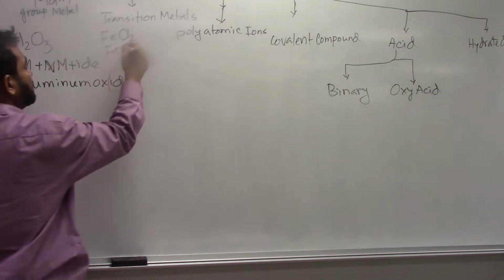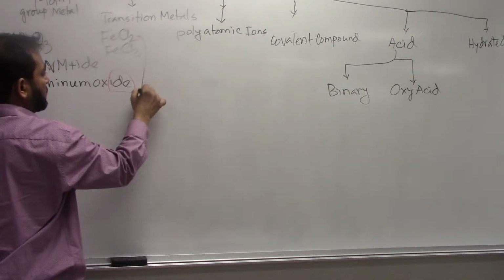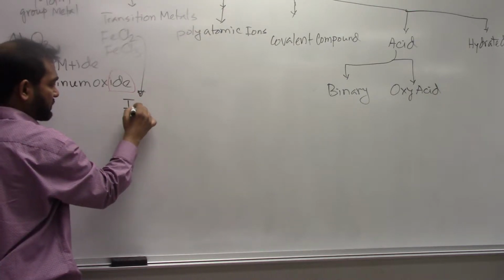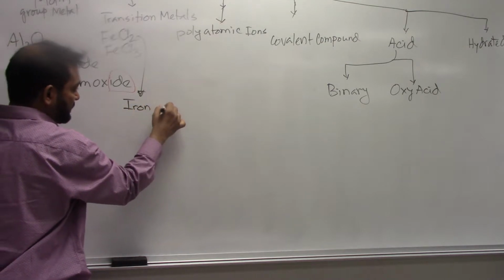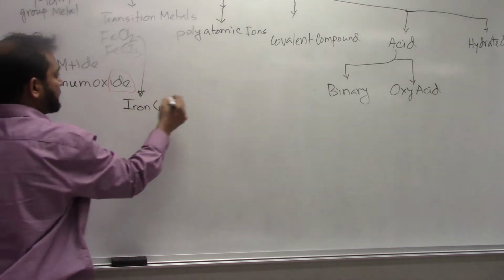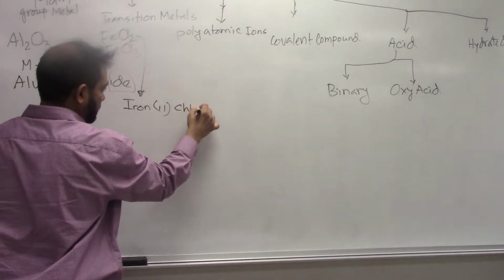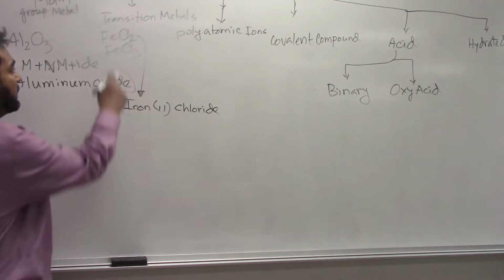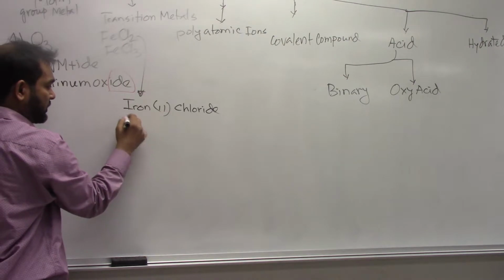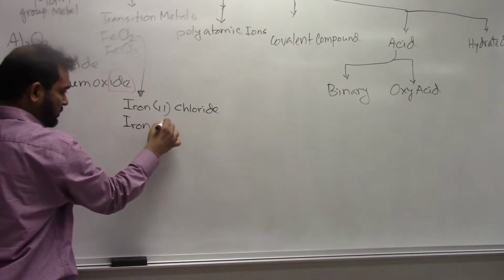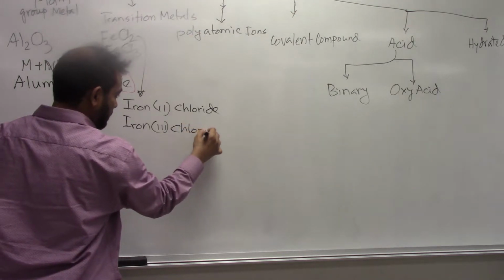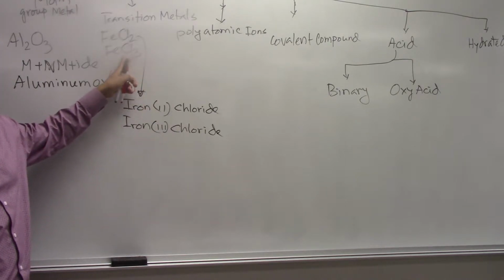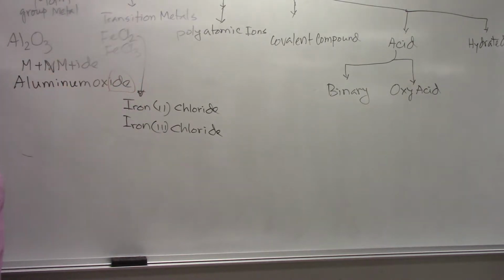So for the naming, you just write the name of the metal first, iron, then in the middle a Roman numeral, and then write chloride. Iron(II) chloride. And if you have the other one, that would be iron(III) chloride, okay? So instead of 2, it's going to be 3 because it is a 3 valency, right? So that's how you name it.